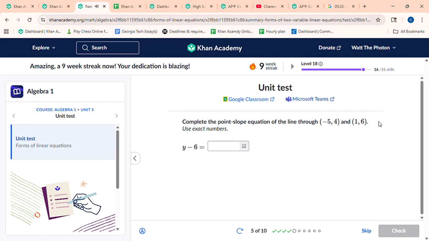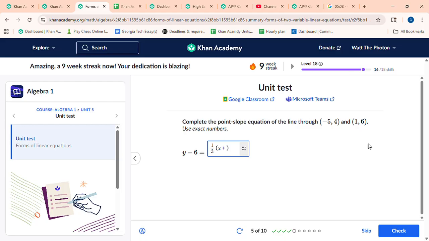Complete the point slope equation. Okay, our run is 6. Our rise is 2. That's 2 over 6, 1/3, so 1/3 x plus the constant. What's the constant?